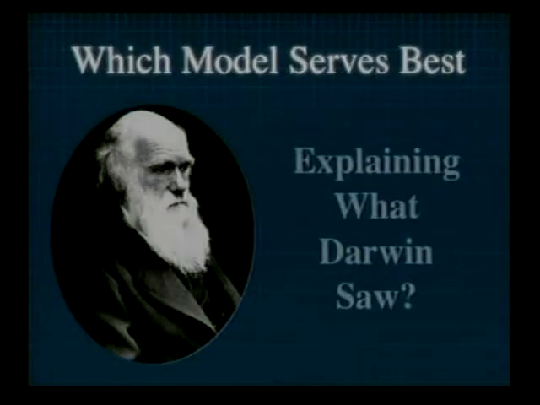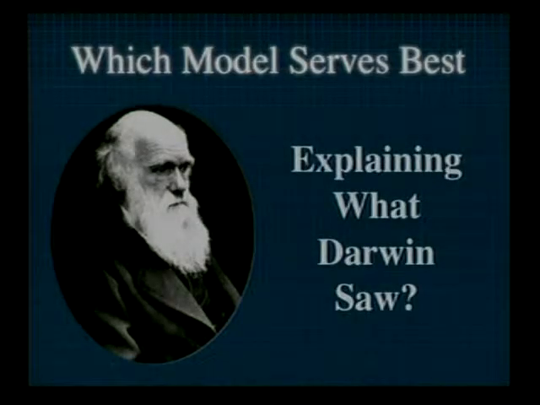And we want to proceed looking at what Darwin saw, looking at the models, creation versus evolution, in terms of the evidence that Darwin looked at. What was it that convinced him? Was there evidence that weighed heavily that caused him to conclude the scientific conclusion? What did he see?